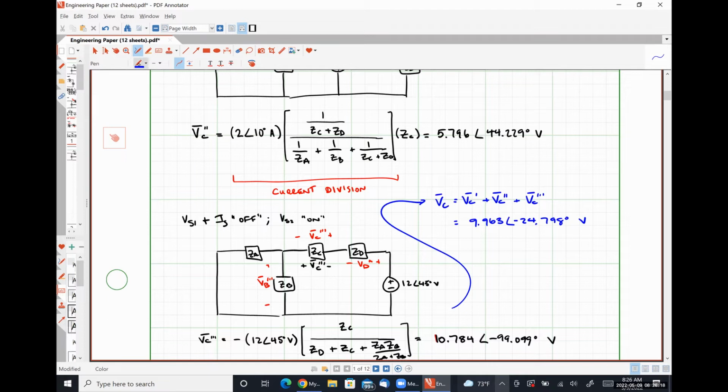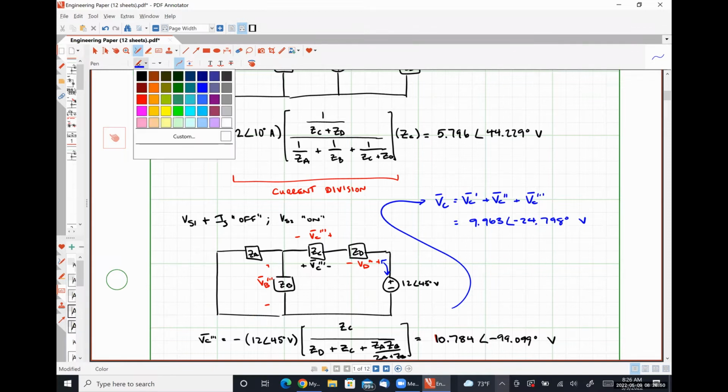What I mean by that is we have a positive sign here and a positive sign here, so that the sum of the voltage drops, in this case VD plus VC plus VB, is equal to our source voltage. All of the polarities are assumed to be positive polarity on the right or positive polarity on top as we follow the current around the loop.